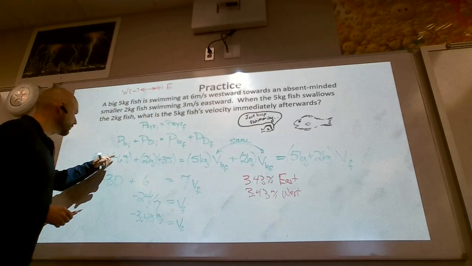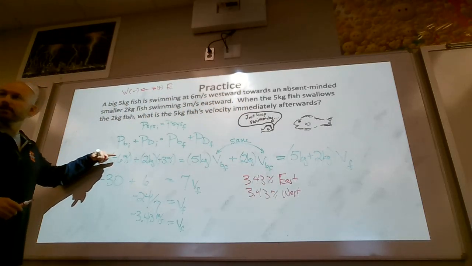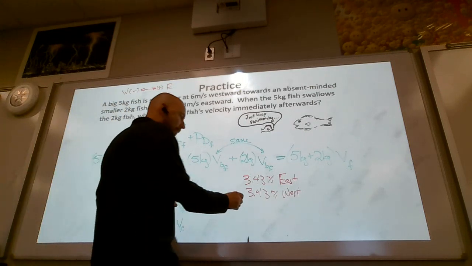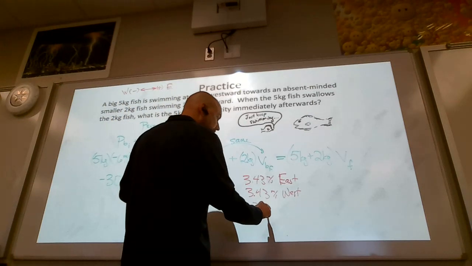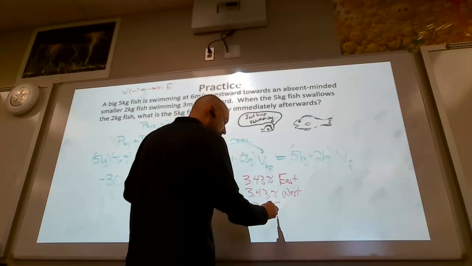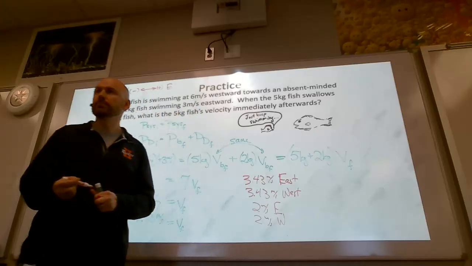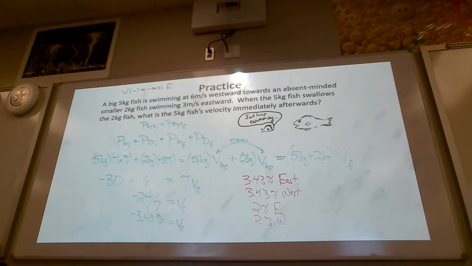And then if you forgot to do the negative signs here, you're going to make this number up. 2 meters per second east, 2 meters per second west. Those would be your choices. That's where you mess up. Okay?